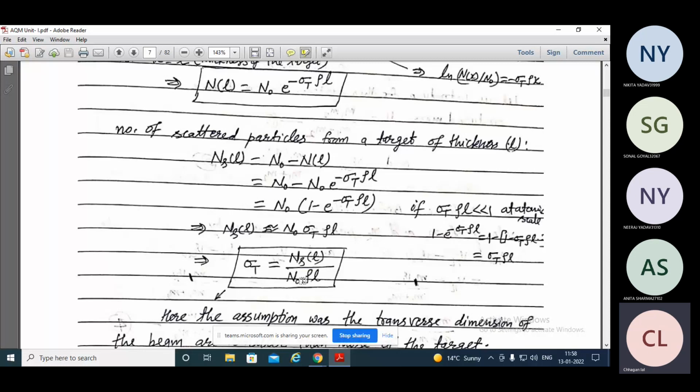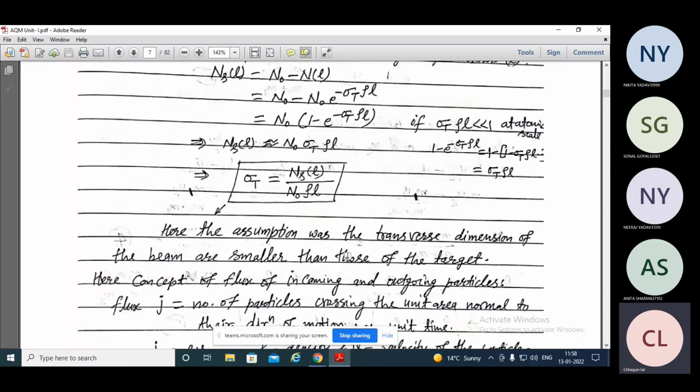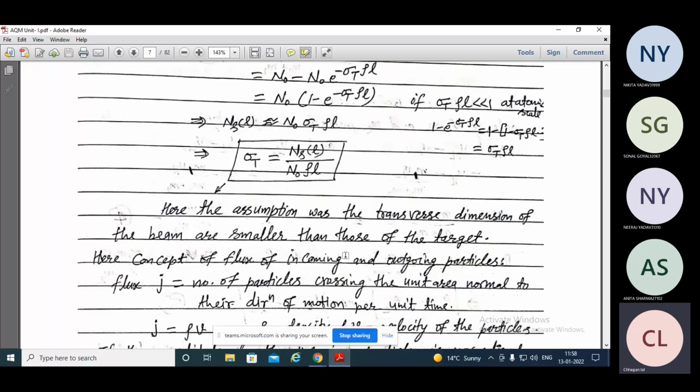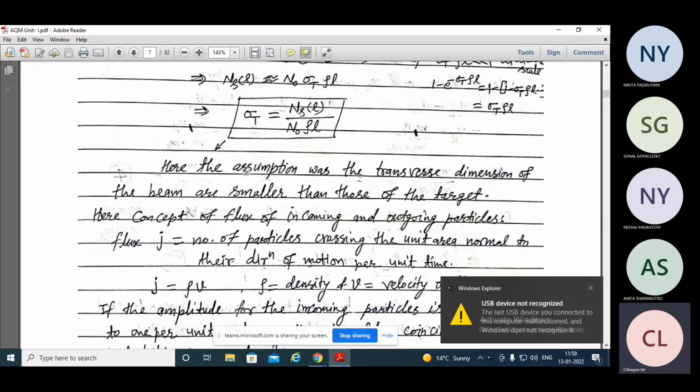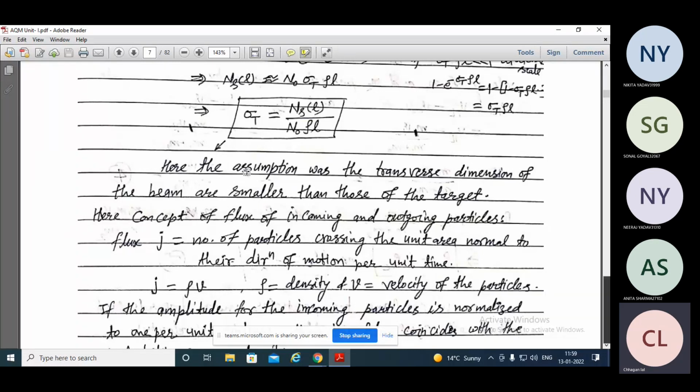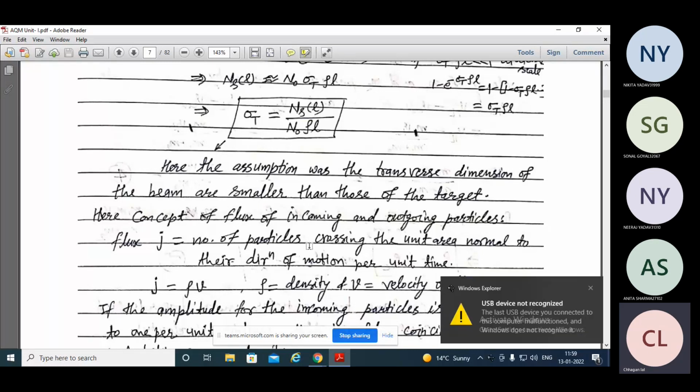In physical terms, the dimension of the beam is very, very small compared to the target. So this is the concept where we can include incoming and outgoing particles and calculate mathematically the number of scattered particles from any surface.